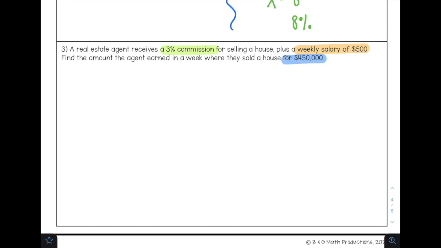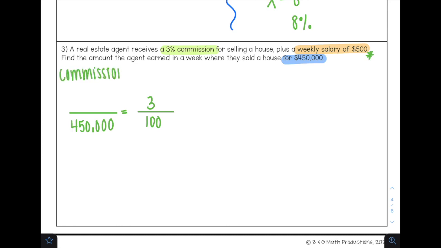All right, well, we know we're going to set up either a proportion or an equation. So I have my 100, I have my 3%, and I know that the total house is $450,000. Now, keep this in mind. He has a salary, so to know the total amount the agent earns, you have to find the total. But right now we're just finding the commission.